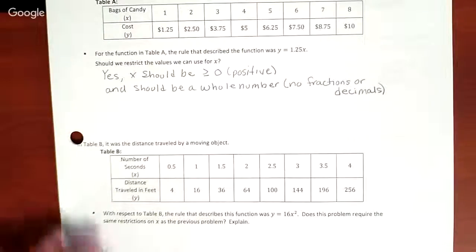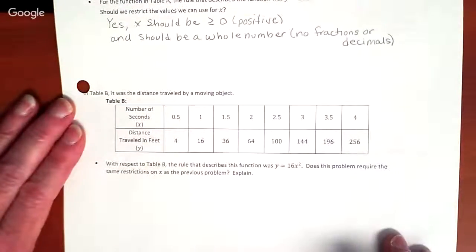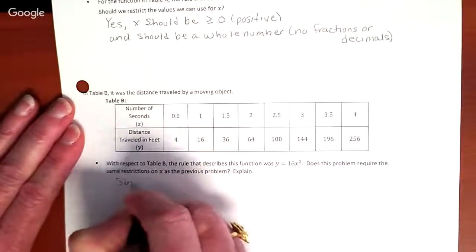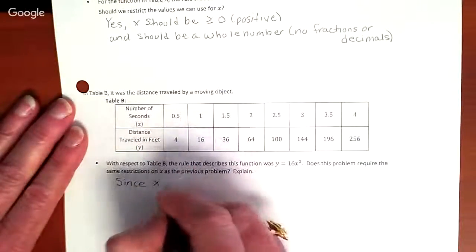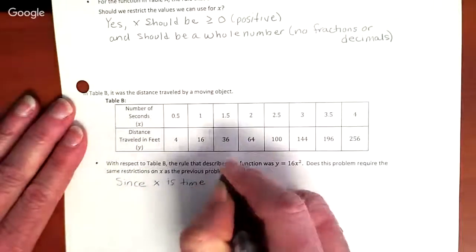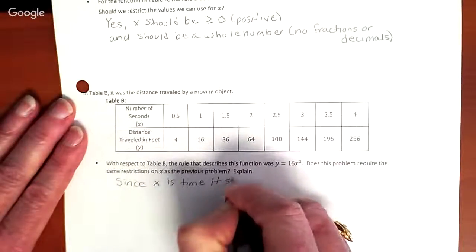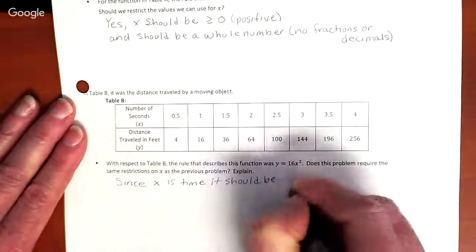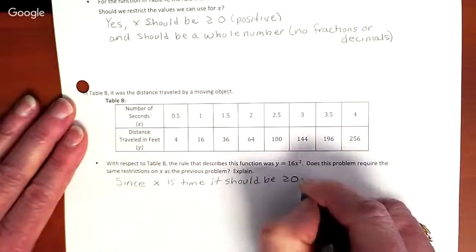Does this problem require the same restrictions on x as the previous problem? And explain. Since x is time, it should be greater than or equal to 0, and therefore positive.